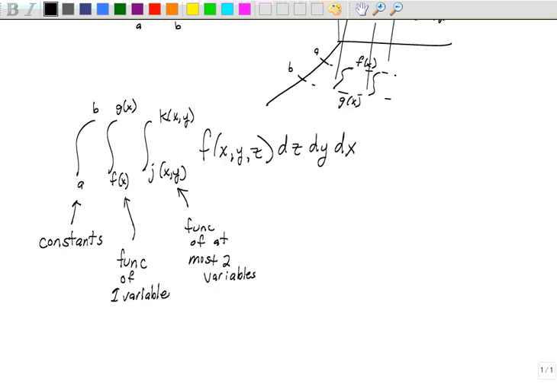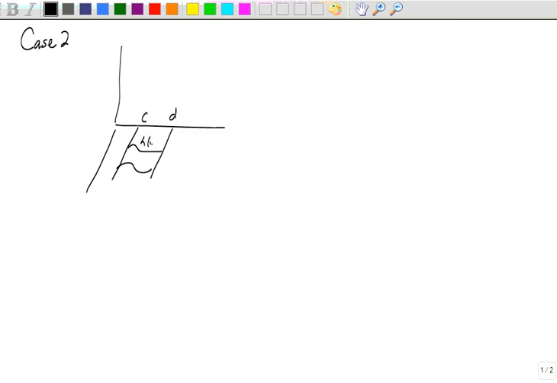All right, in another case, we could have this c to d, and our functions are like that, this will be h of y, i of y.